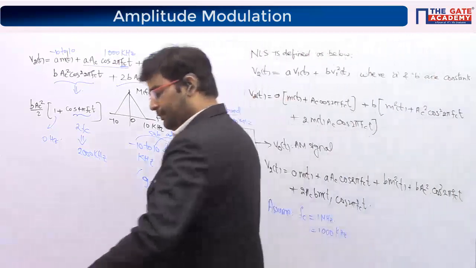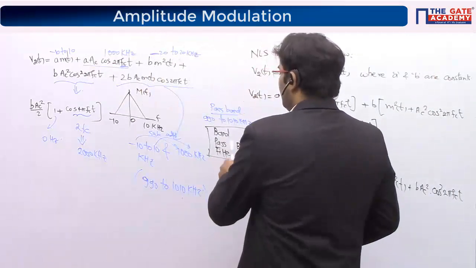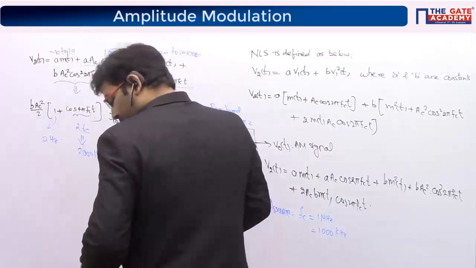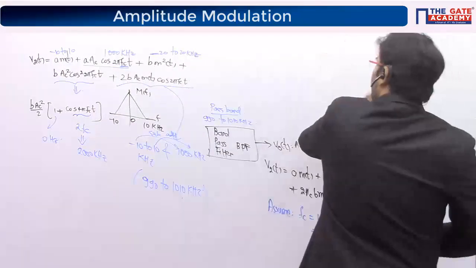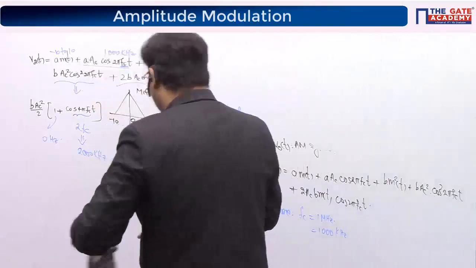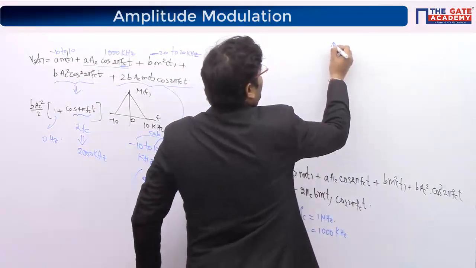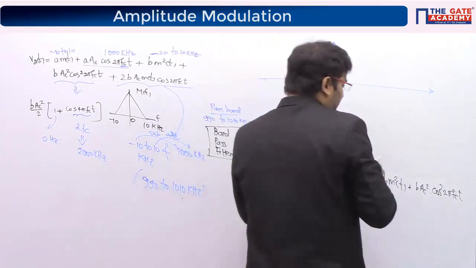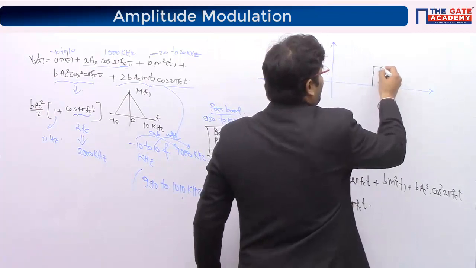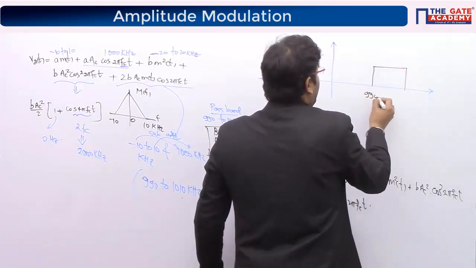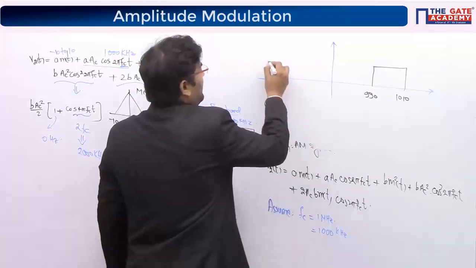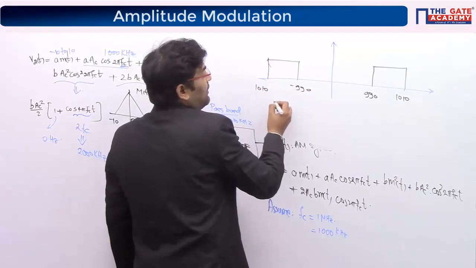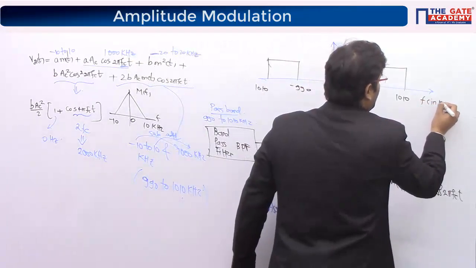Now I will show you the beauty. This band pass filter is saying that I will only pass certain frequencies. So let me show you the band pass filter, otherwise how will you understand? It is an ideal band pass filter for the time being, with pass band from 990 to 1010, and its mirror image here, minus 1010 to minus 990, and the unit is kilohertz.